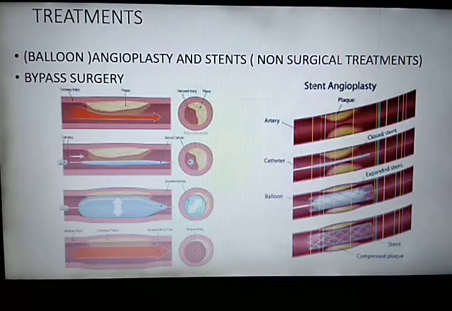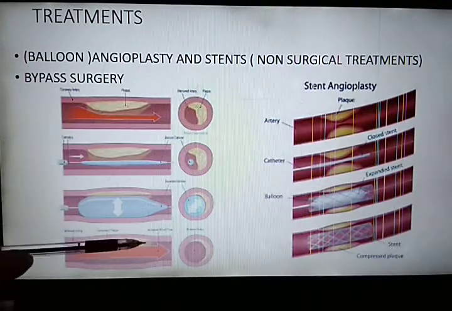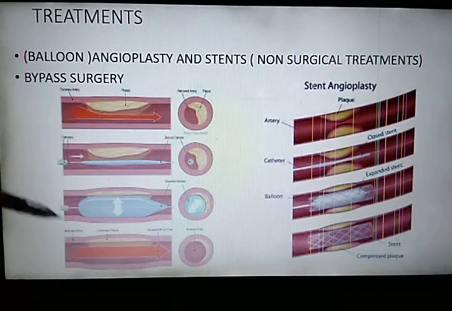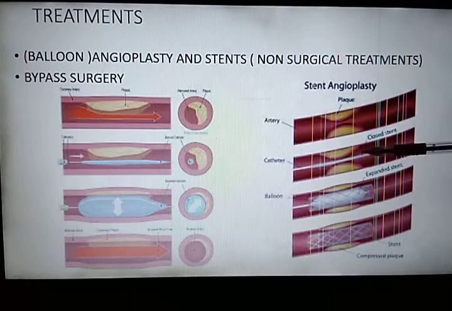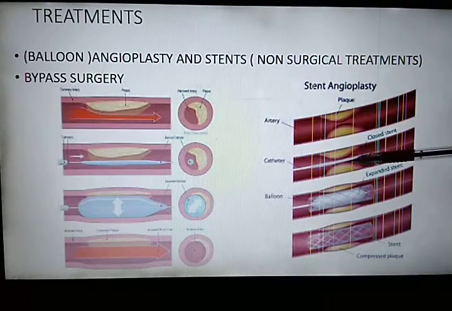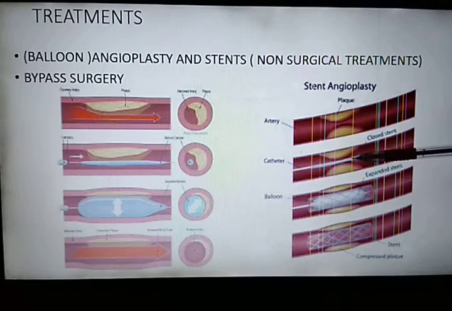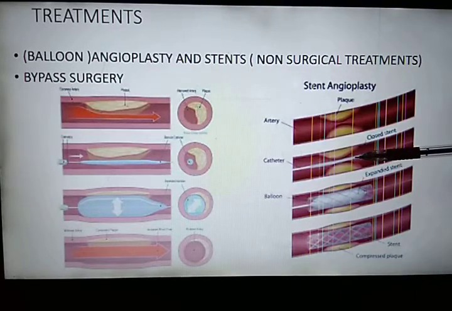Here we have only inflated the balloon and left the artery as it is. But in case of stent angioplasty, the catheter is introduced into the blood vessel, then it reaches the blocked artery. Now this catheter at its tip has a balloon along with a closed stent.